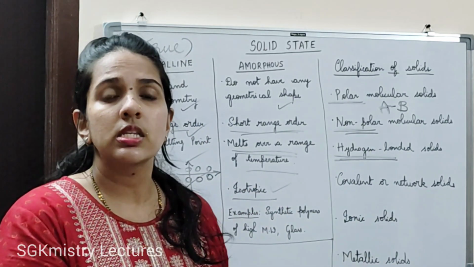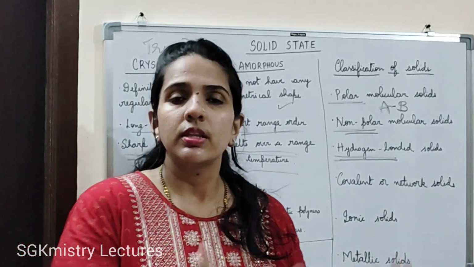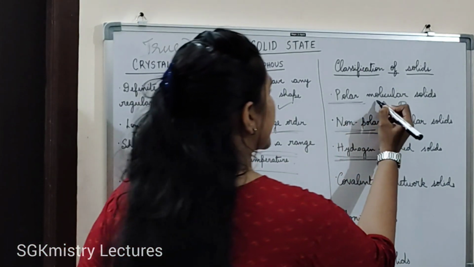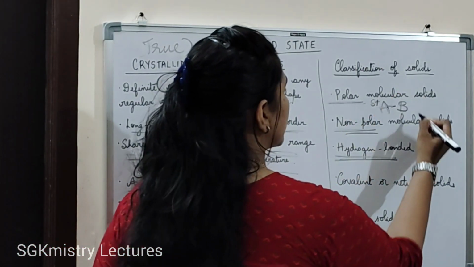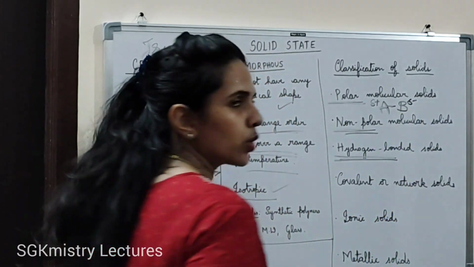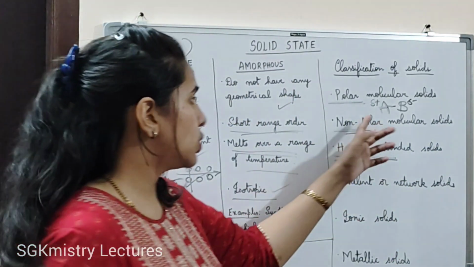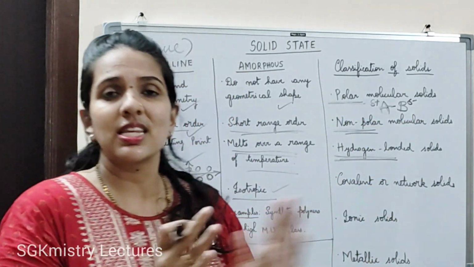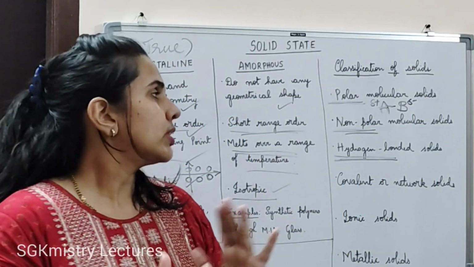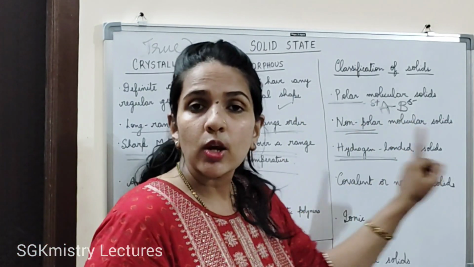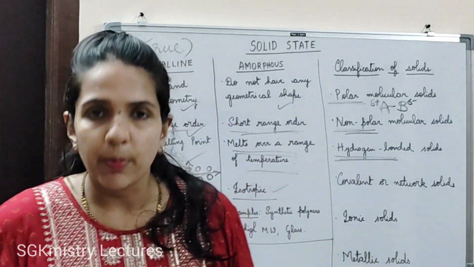Suppose A is electropositive, it will be delta plus. If B is electronegative, it will get a partial charge, delta minus. So there is a separation of charge between the two atoms of a molecule, and that's why we can also call these a dipole.